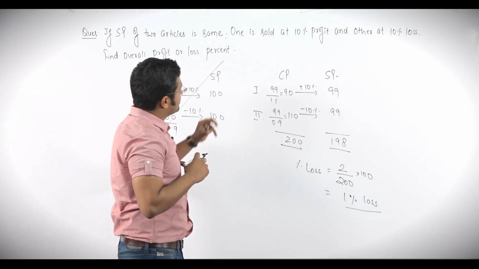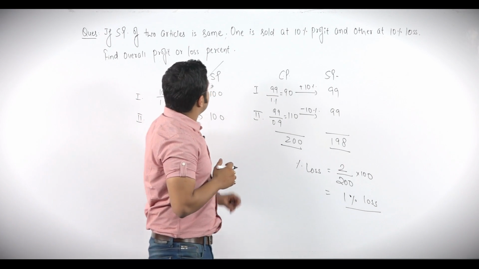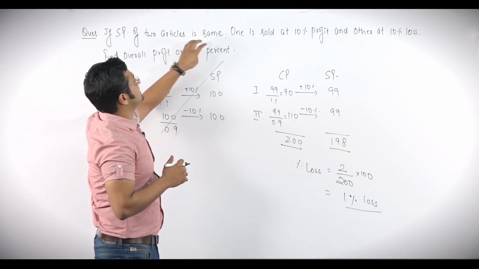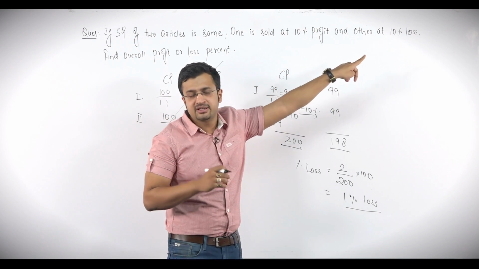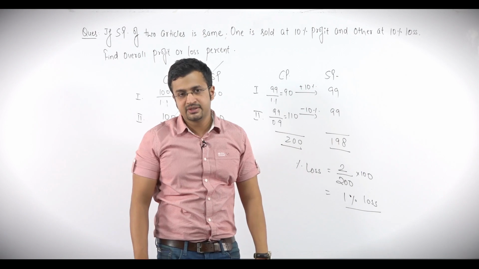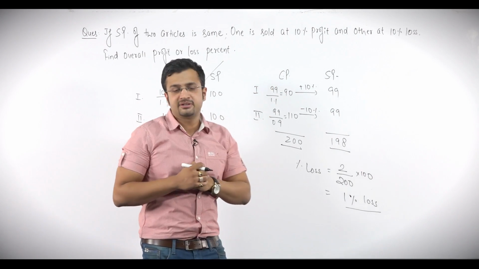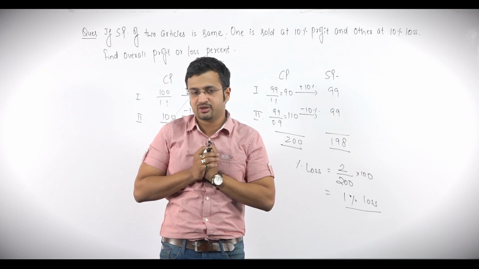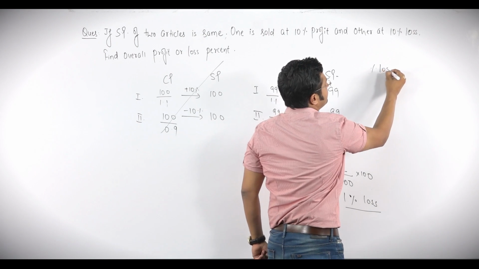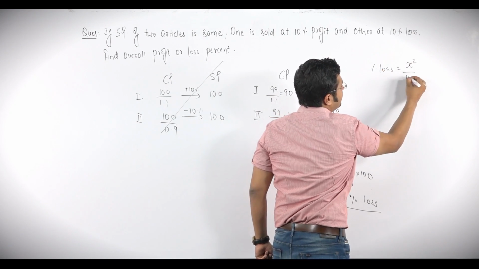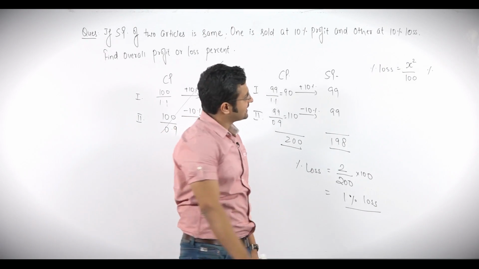Now friends, this question can be solved by using a formula also. The formula is, whenever selling price of two articles is same, one article is sold at X% profit, other is sold at X% loss, for example one article is sold at 10% profit, other is sold at 10% loss, there will always be a loss of X square by 100%.